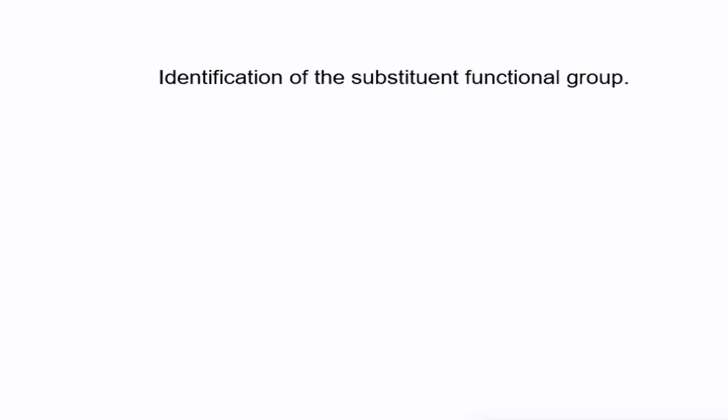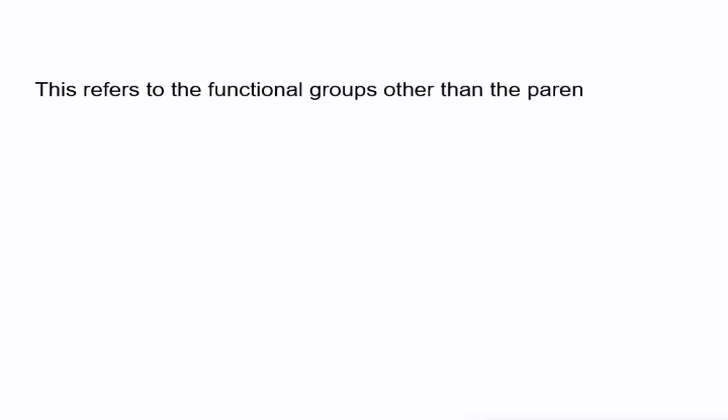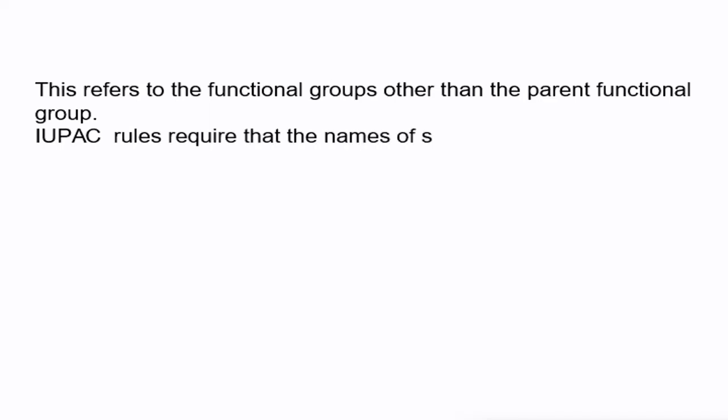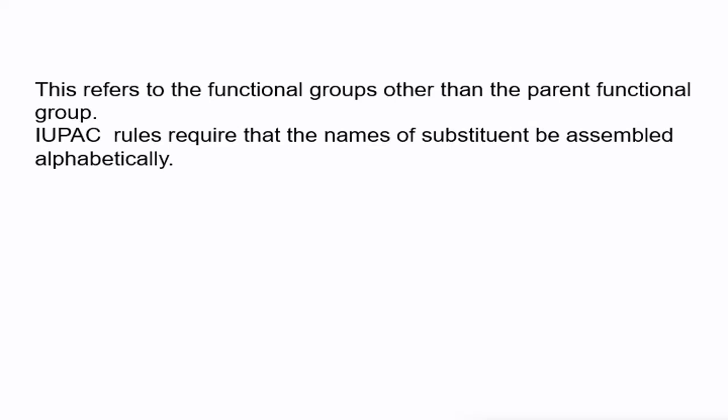Next, identification of the substituent functional groups. Now this refers to the functional groups which are not the parent functional groups. IUPAC rules require that the names of substituents be assembled alphabetically.